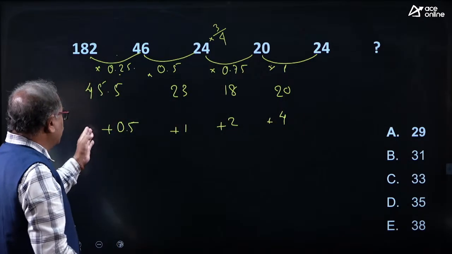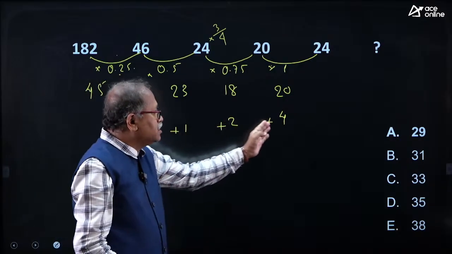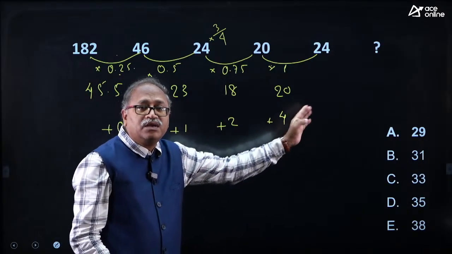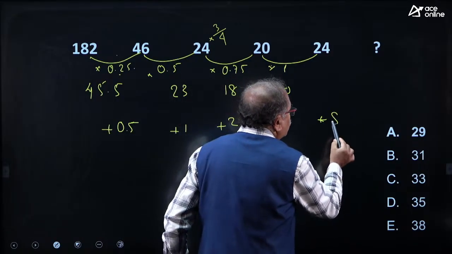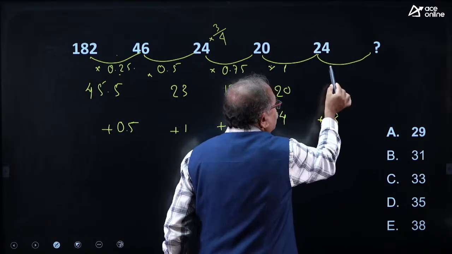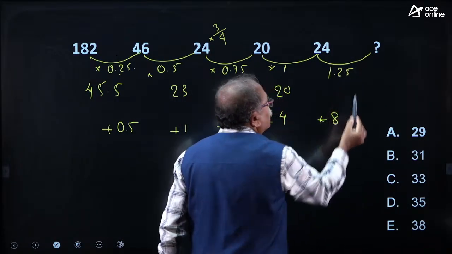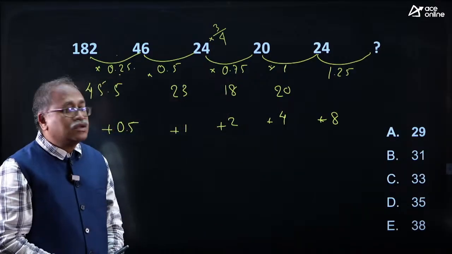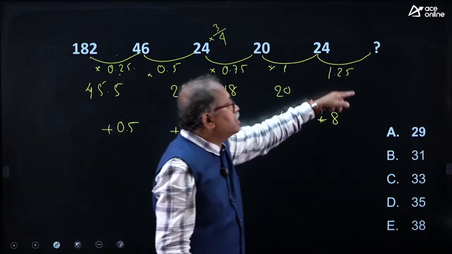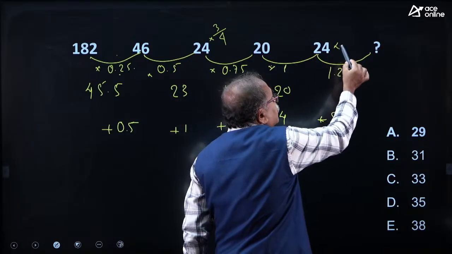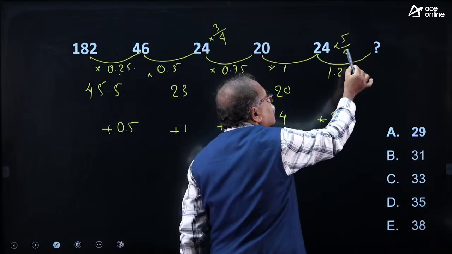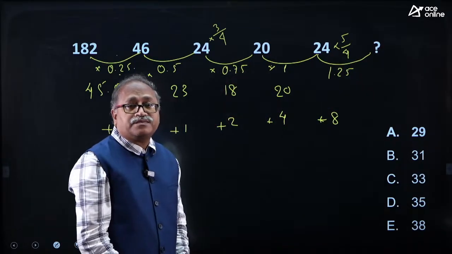Now, you can analyze that the addition part is getting doubled every next step. So the next addition has to be 8, and what should be the multiplication? 1.25. 1.25 is nothing but 1 by 4. So 4 plus 1, 5. So 24 into 5 by 4, use that fraction.